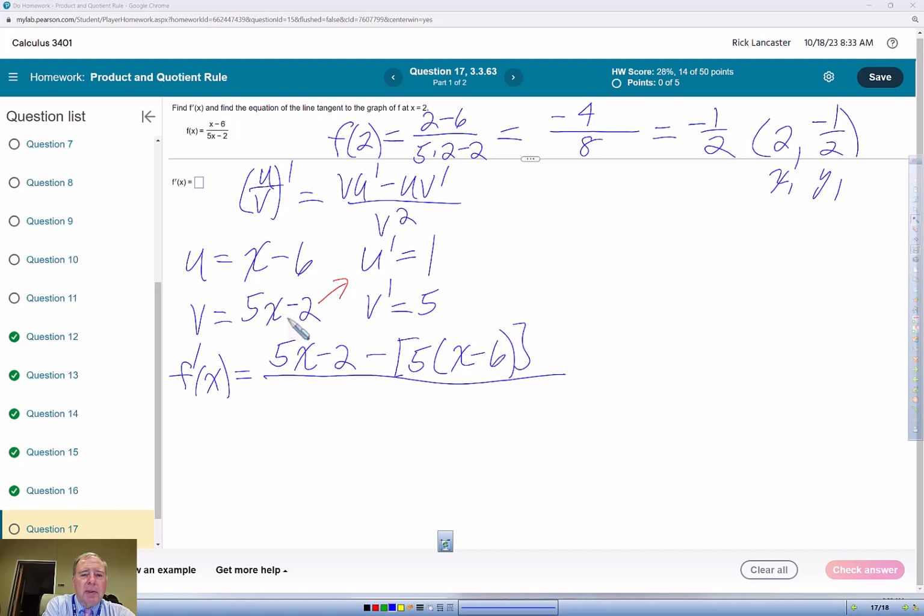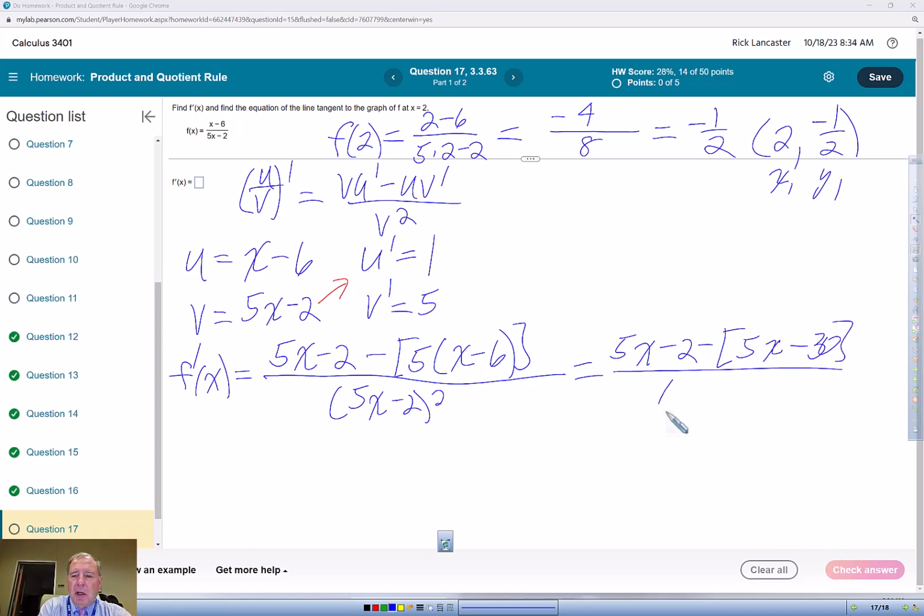Close the bracket, and then v is 5x minus 2, and we're going to square that because that's what the rule says. We'll distribute this 5x minus 2, keep the grouping symbol, 5x minus 30, all over the denominator, which is just going to tool on through till the end.